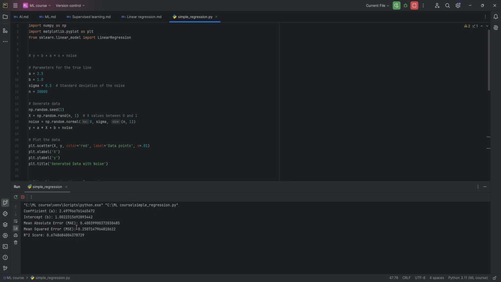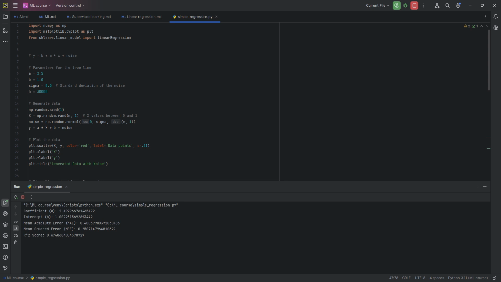The MAE can also be calculated directly from sigma times the square root of 2 over pi, which is around the same number, 0.399.